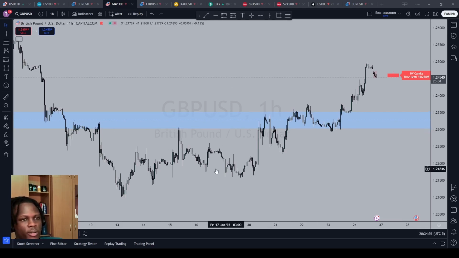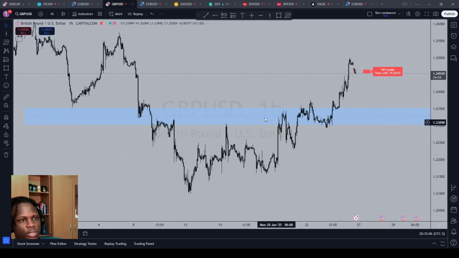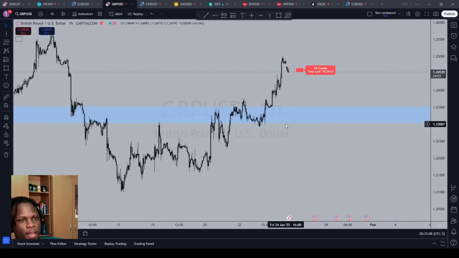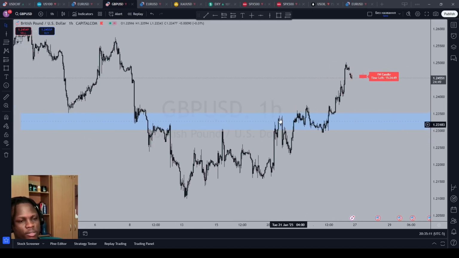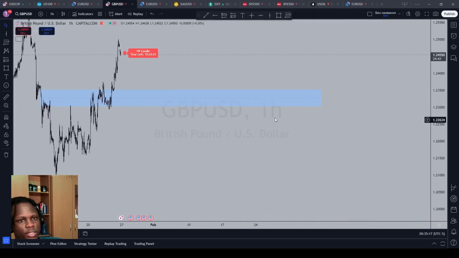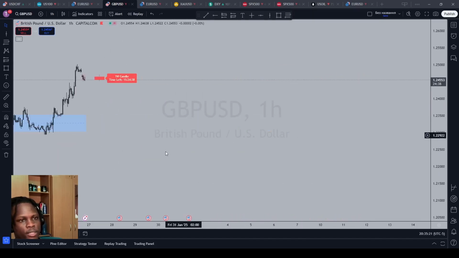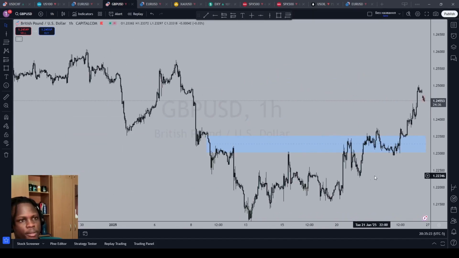But if you go on a 1 hour time frame, everything becomes clear. The market took out this high, closed above it, traded the fair value gap, and used the daily fair value gap, which I denoted, as an inversion fair value gap.